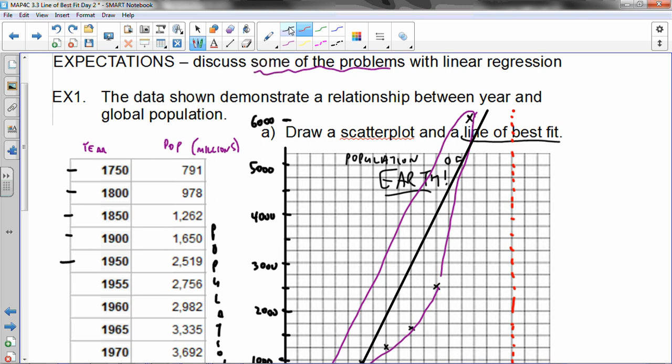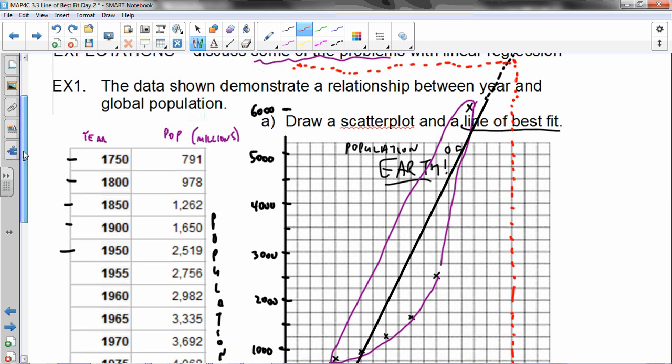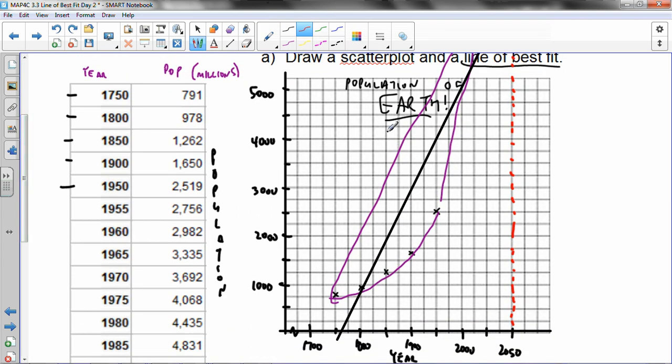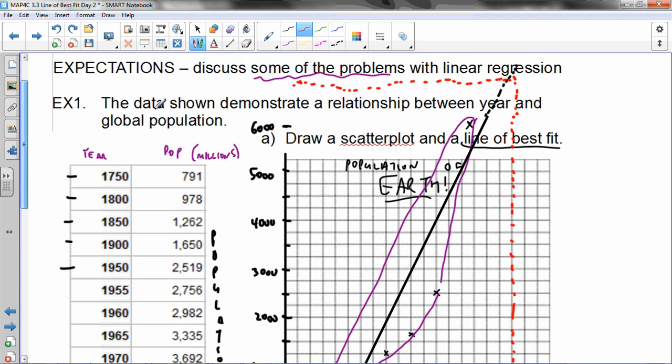Okay, extend the line a little bit, same angle, and then over. Looks okay. And so what would we say? Well, it's hard to read. It goes right off the graph, but maybe 7 billion.